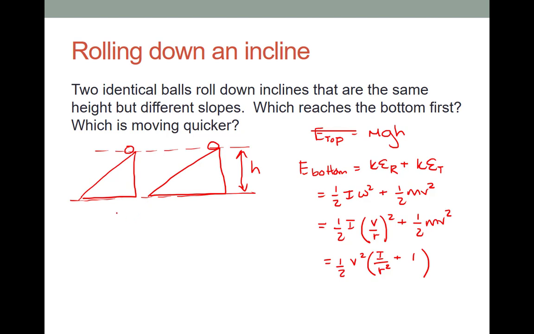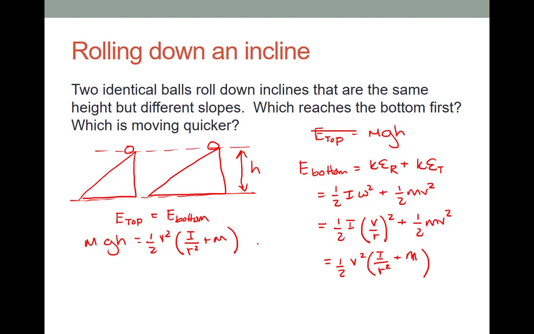If I now use conservation of energy to equate these two, I get that mgh equals 1/2 v squared times the quantity, the moment of inertia divided by r squared plus m. We can plug in that the moment of inertia is 2/5 mr squared for a solid sphere and get a formula for the velocity.